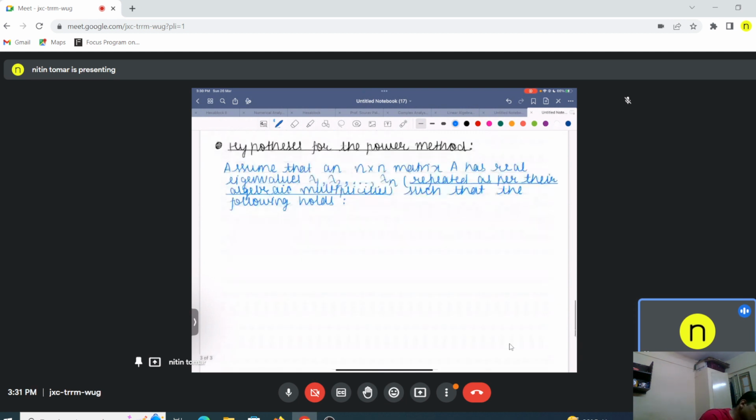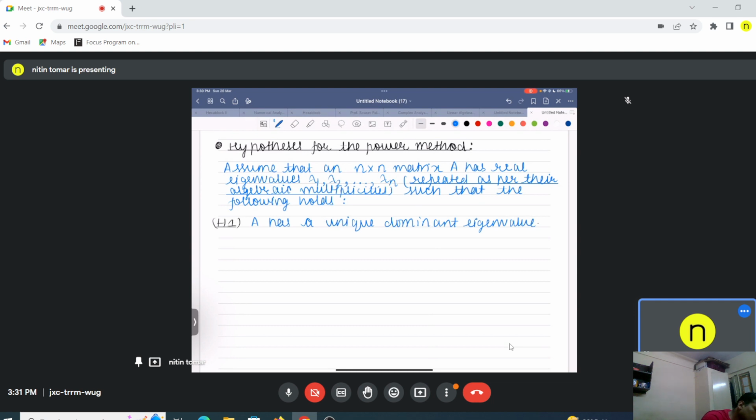So this is hypothesis 1, let us call it H1. A has a unique dominant eigenvalue. So this is the first assumption.